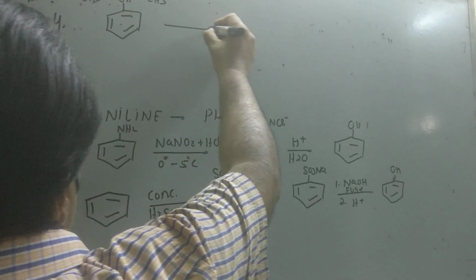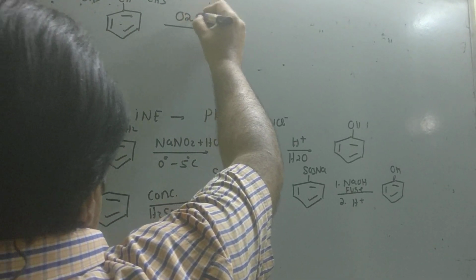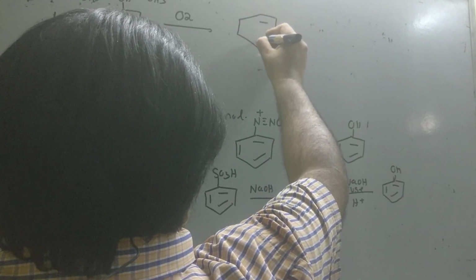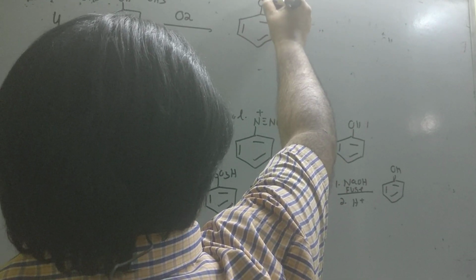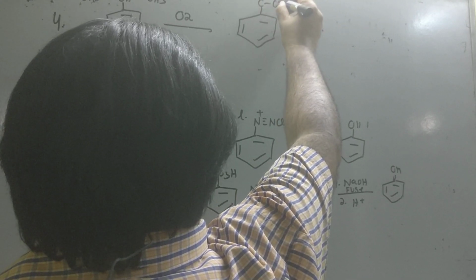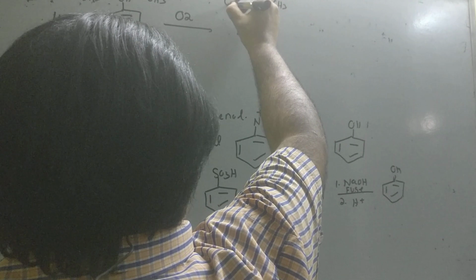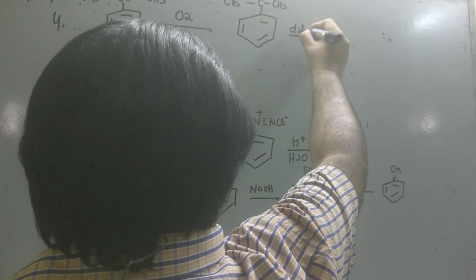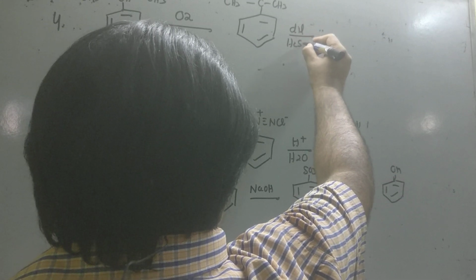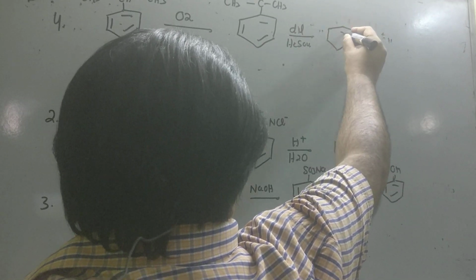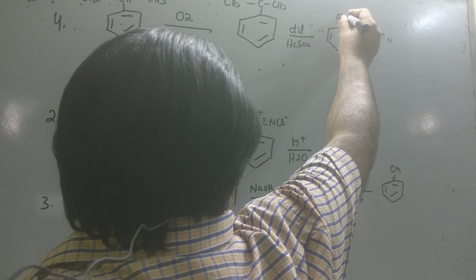Remember the cumene process? First of all, we oxidize it. We get an oxidized product, cumene hydroperoxide. The reaction is already done, the cumene process. When you decompose cumene hydroperoxide with dilute sulfuric acid, you get the formation of phenol, plus you get acetone also, which is also a very important compound.